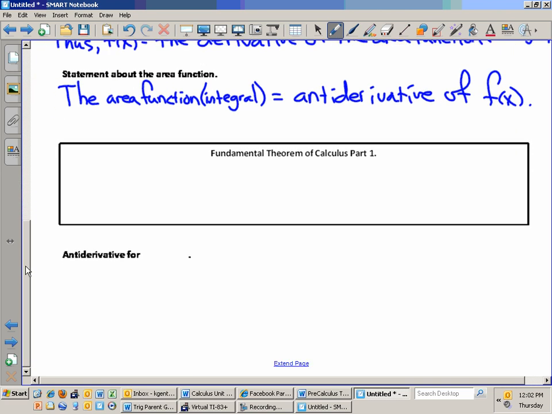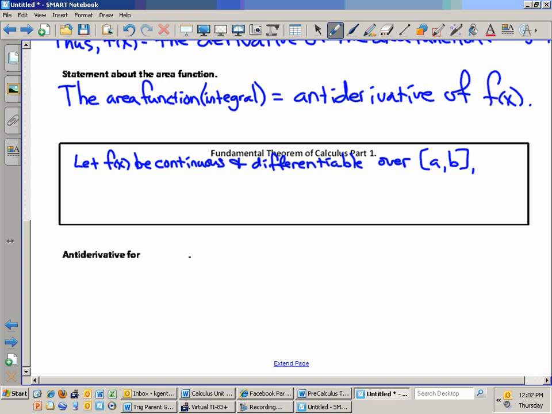And so this is the fundamental theorem of calculus part 1, which namely says this. Let f of x be continuous and differentiable over an interval a to b.